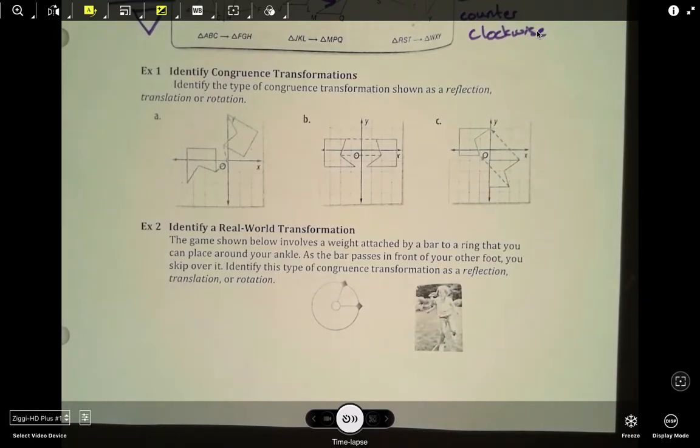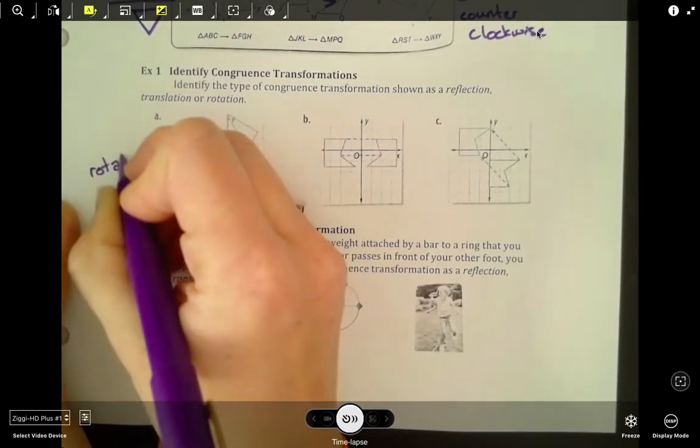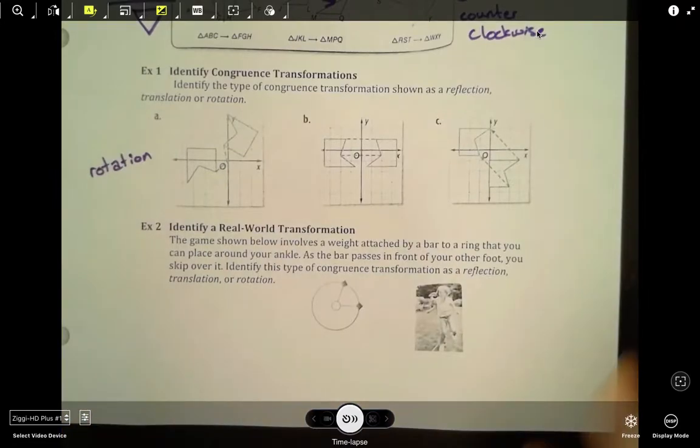Okay, what's the first one? A. What are you doing? Rotation. Okay, now I'm going to talk about rotation because this is all too easy. That's too easy just to write rotation, although on your homework assignment you can just give me rotation. But which way am I rotating this thing? Counterclockwise.